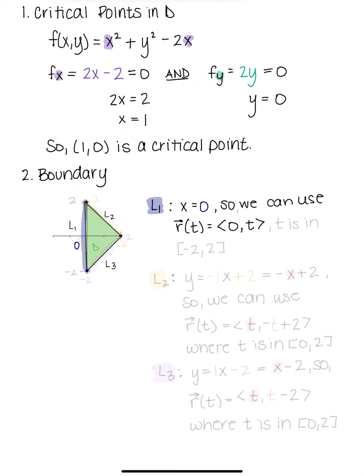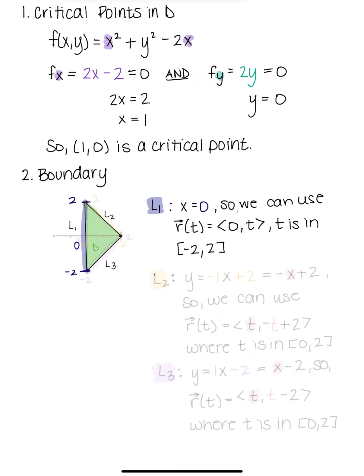If you go back and look at our picture, our y values range from down here at -2 to up here at +2. So then we're going to say where t is in -2 to 2 for the y values.